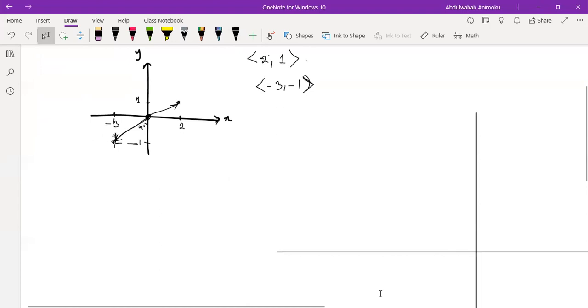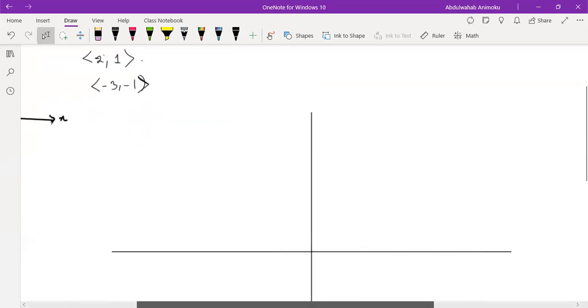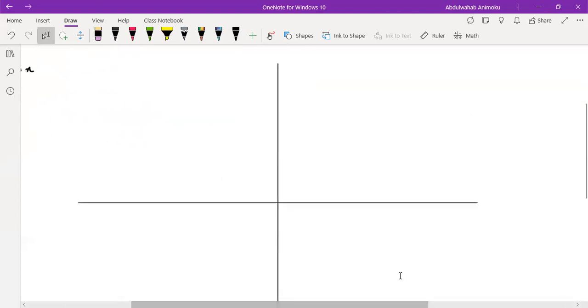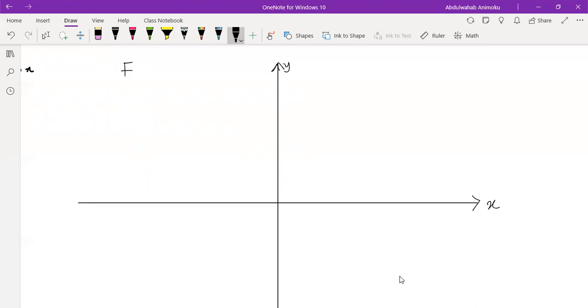Now let's come to our XY coordinate here. So this is the X coordinate, and obviously this would be the Y coordinate. Now we have this function, which is a function of any point in this XY coordinate system, and it produces a vector at each point.